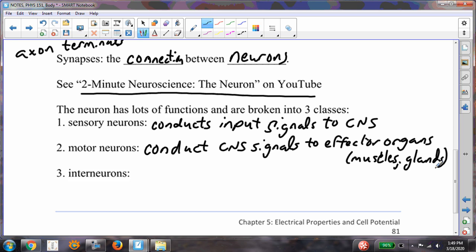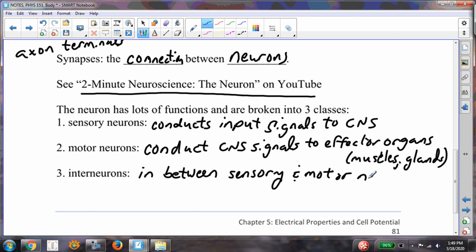And then the interneurons are in between the sensory and the motor neurons. Of course, you should know these three types of neurons. I'll ask you what they do, what they are, and how they affect the body.